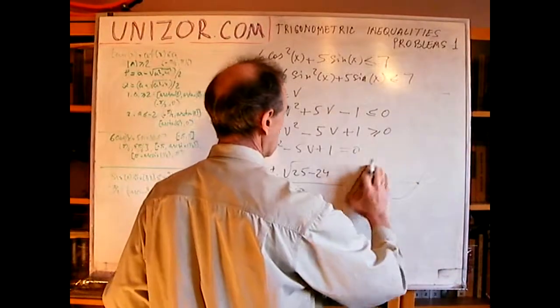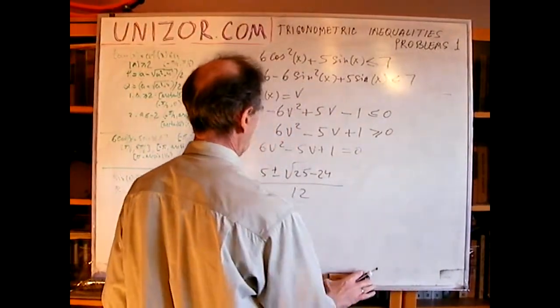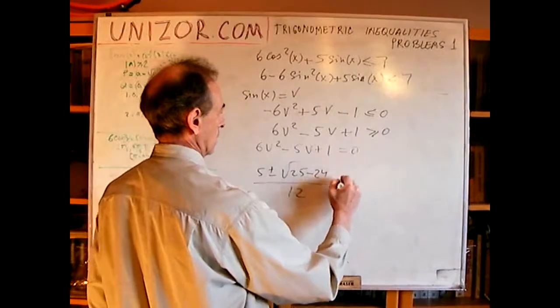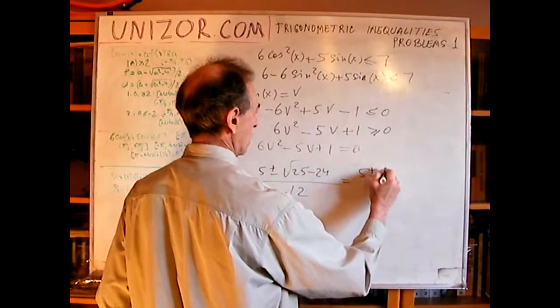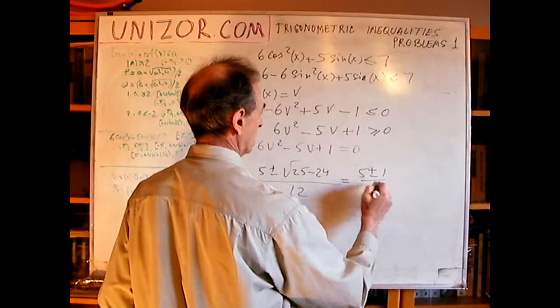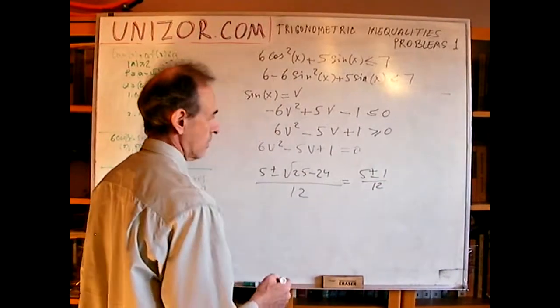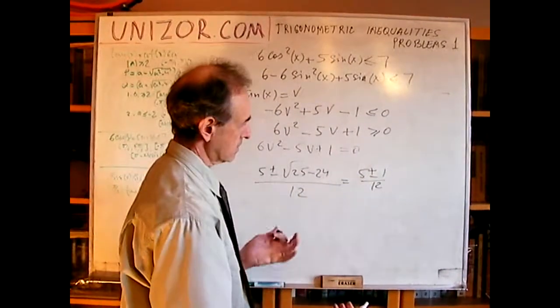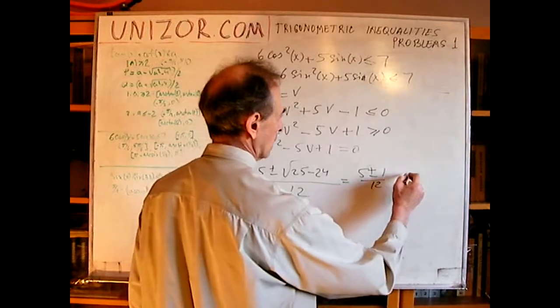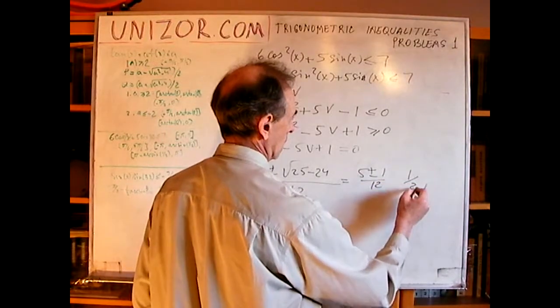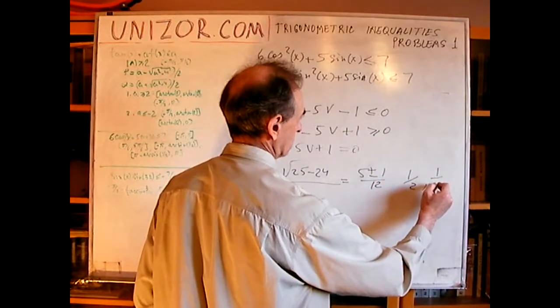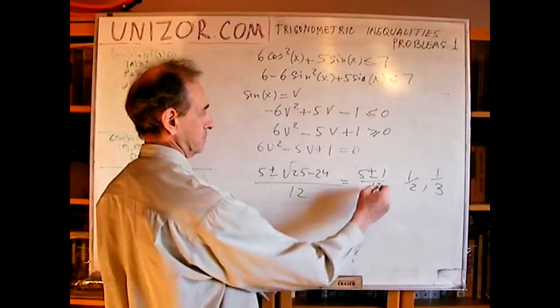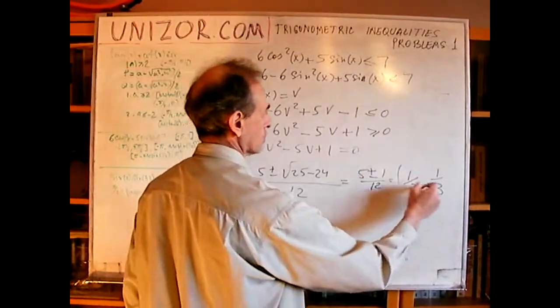So this is 5 plus minus 1 over 12. So if it's minus, it's 4, so it's 1/3. And 1/2. 1/2 and 1/3. Two solutions.